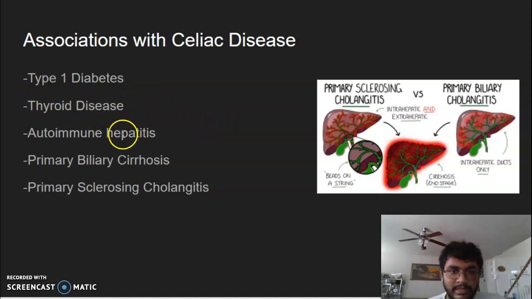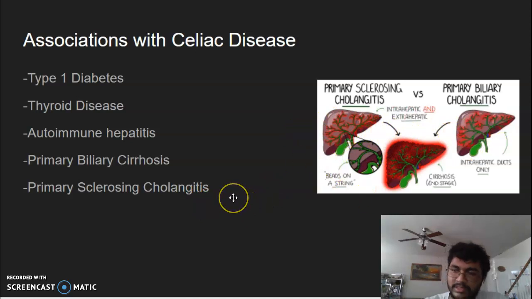Then there's autoimmune hepatitis, basically hepatitis but autoimmune, so you get an inflamed liver. The next one, primary biliary cirrhosis, is scarring of the liver, unfortunately. And then there's primary sclerosing cholangitis, which is inflamed bile ducts. It's shown on the right what the last two are.